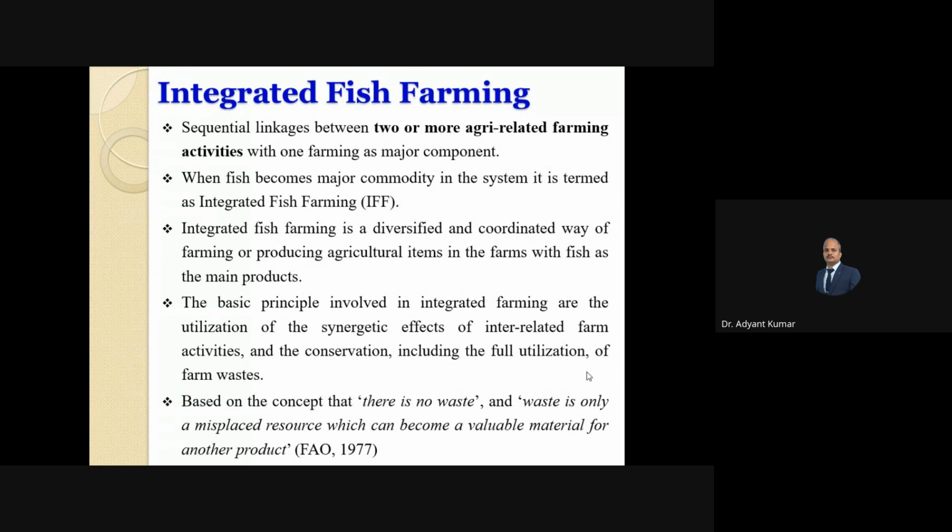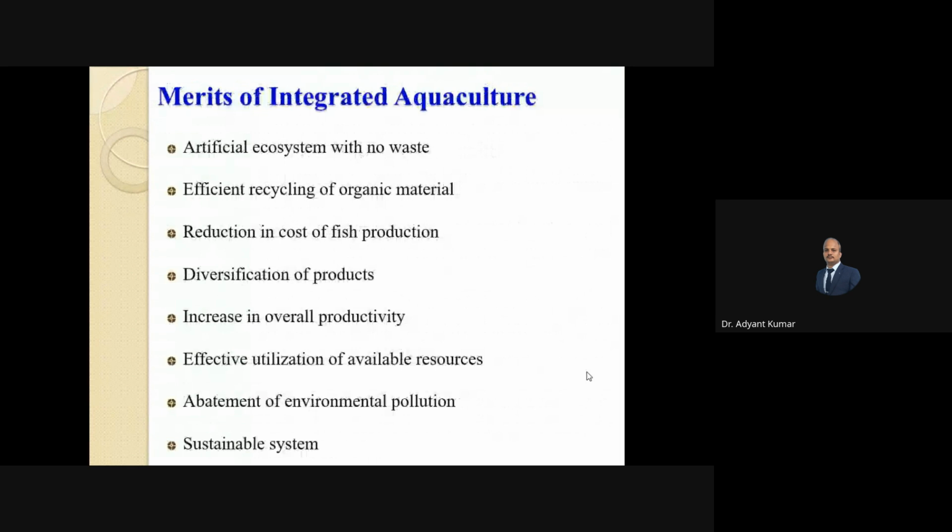It is a diversified and coordinated way of farming in the farm with fish as the main product, and the basic principle is utilization of the synergistic effect of interrelated farm activities and conservation, including full utilization of the farm waste. It is based on the concept that there is no waste; waste is only a misplaced resource which can become a valuable material for another product.